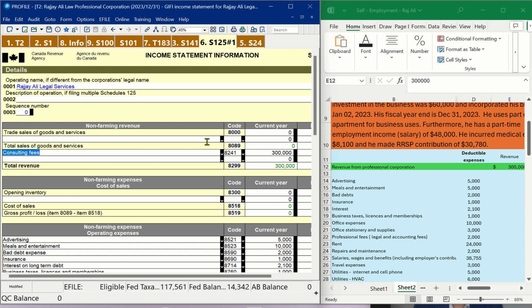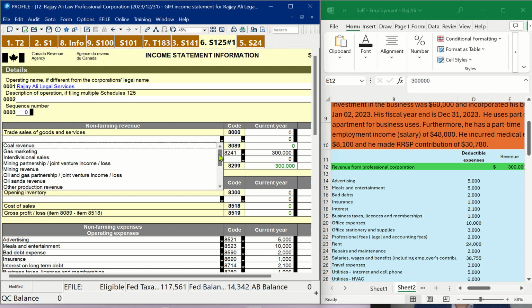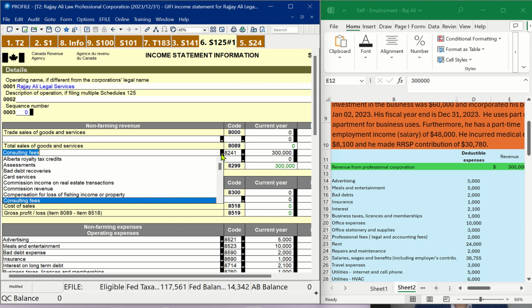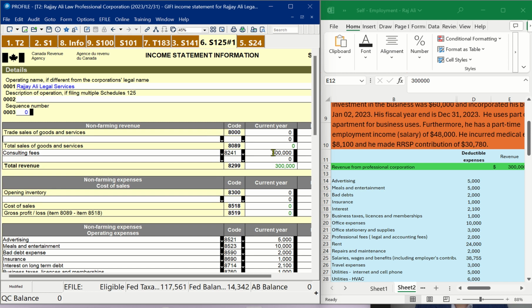I didn't input a new line. I could have programmed a new line over here, but I decided not to. So I used what's available here. This was a consulting fee, so I just put it there. So this is our revenue, total revenue. This shouldn't make any difference. So this is the revenue of 300,000.